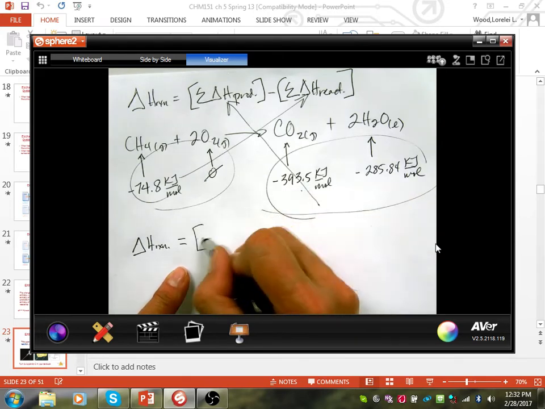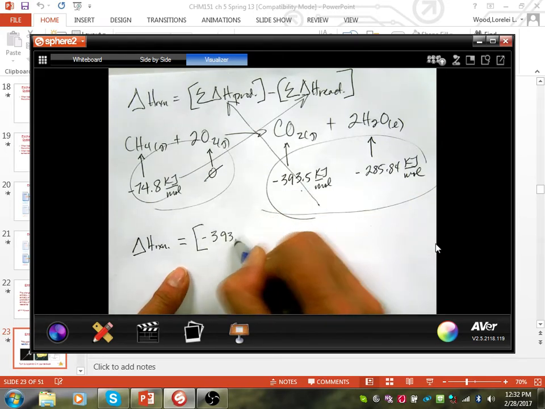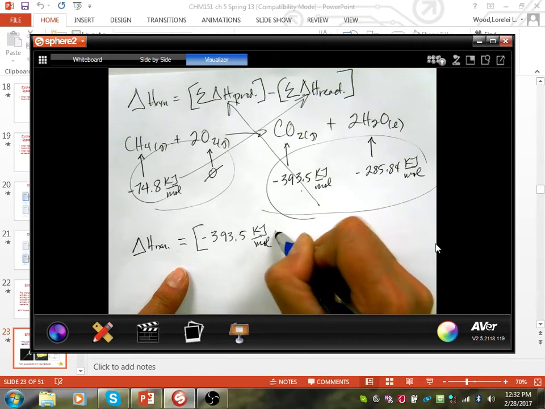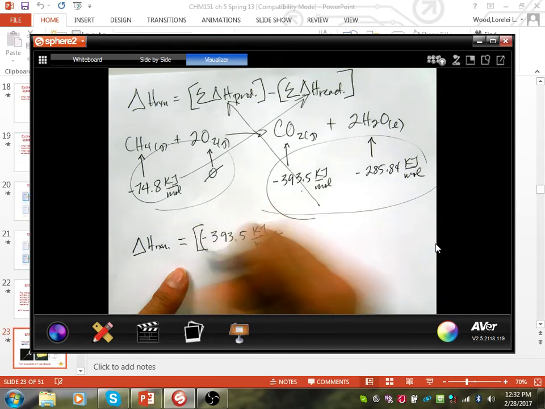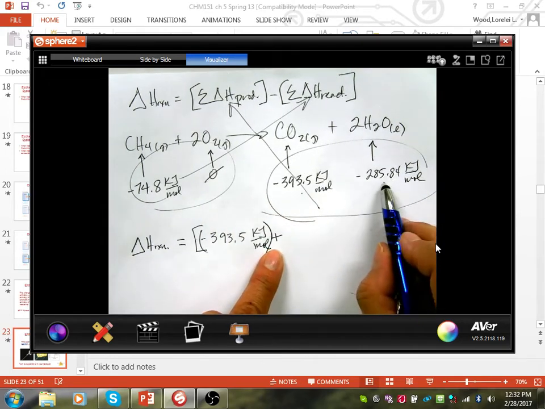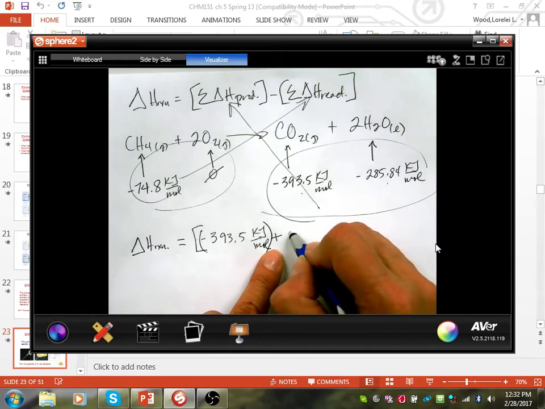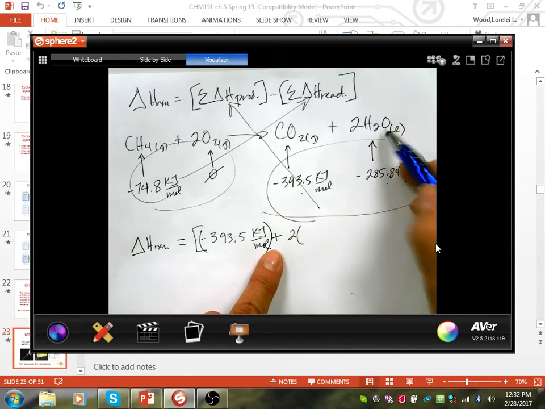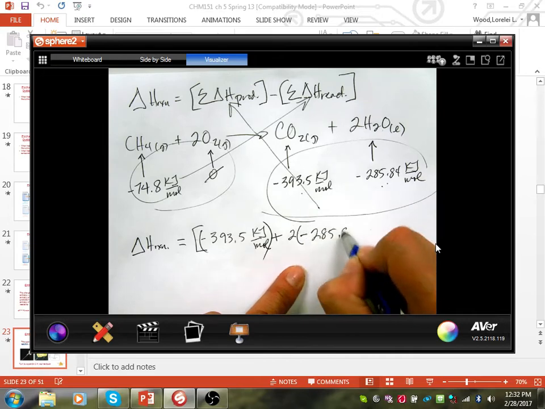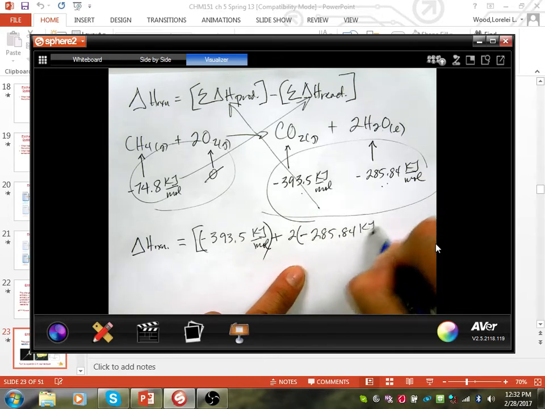I've got a negative 393.5 kilojoules per mole, plus, I'm going to put this in parentheses because it's a negative value, plus I've got 2 of these being formed. Each is going to give me negative 285.84 kilojoules per mole.